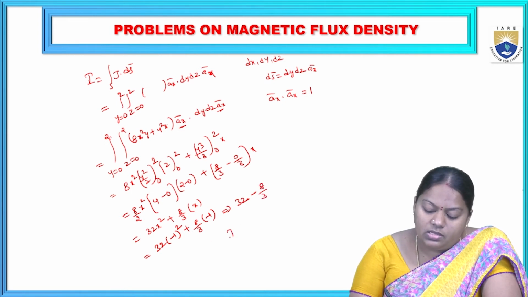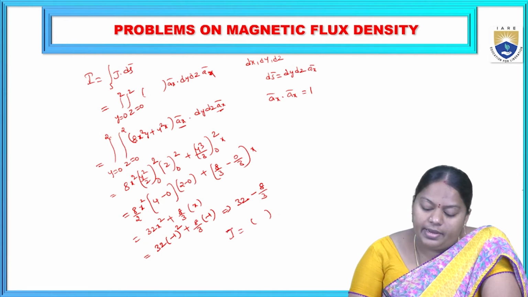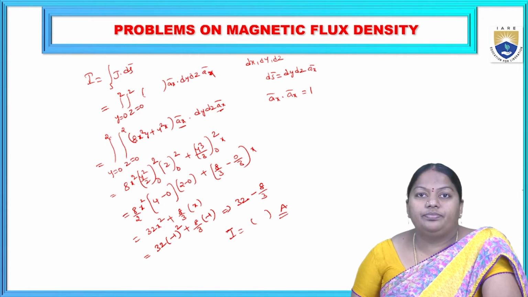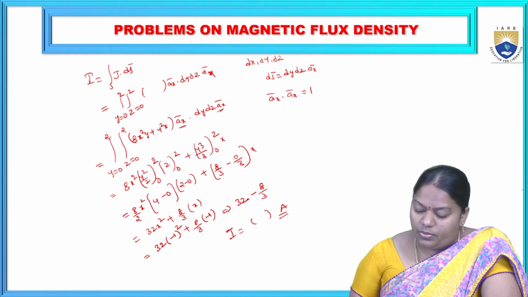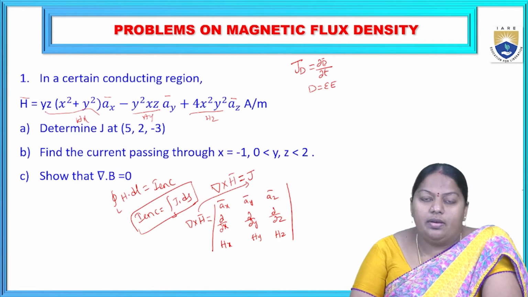Upon simplifying this, we get some finite value, and the unit for this I is measured in amperes. So this is the way we calculate the current passing through this particular region.